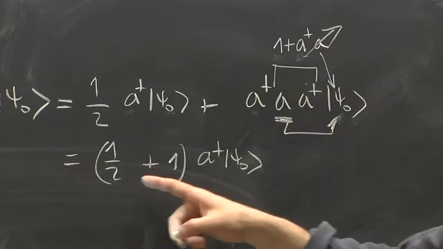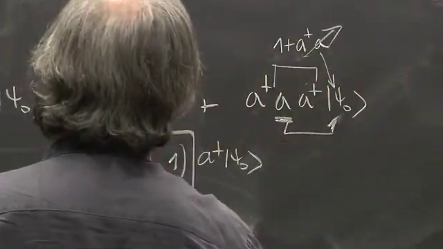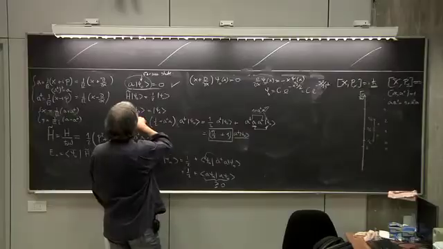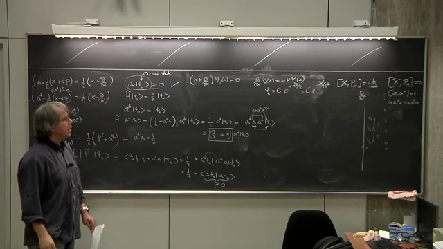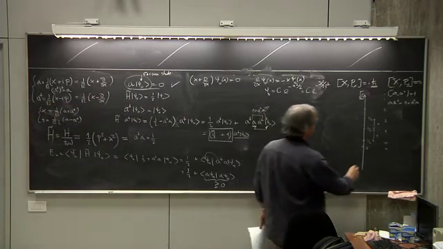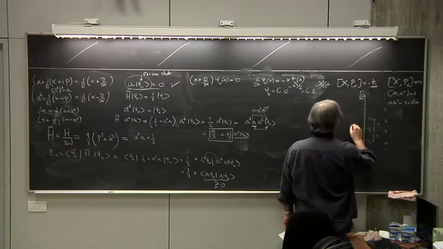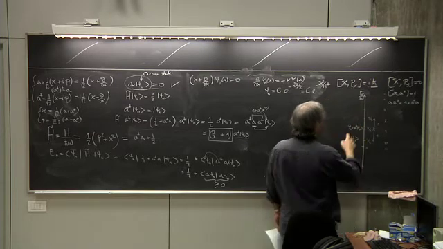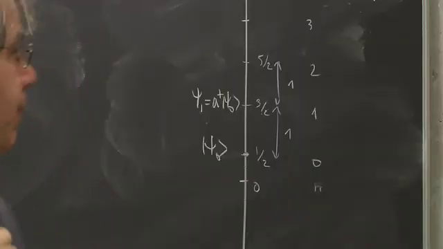So as you see, I have reconstructed an energy that is 1/2 plus 1 with the state that has a single A dagger in front. And this is the state. So if this was psi 0, this is psi 1 equal to A dagger psi 0. It's a state with one excitation quantum, A dagger, created.